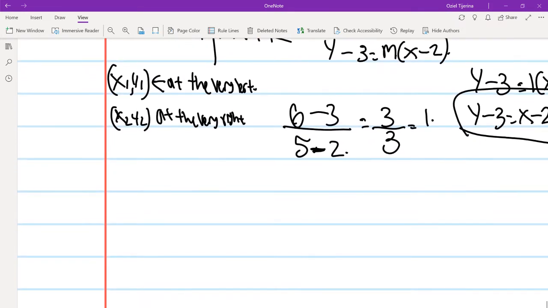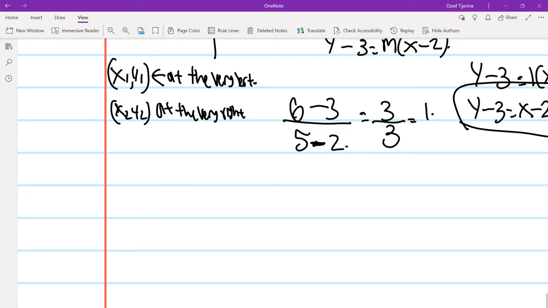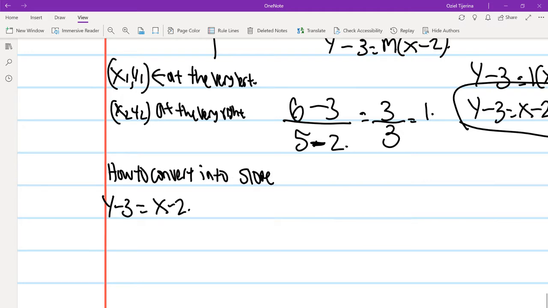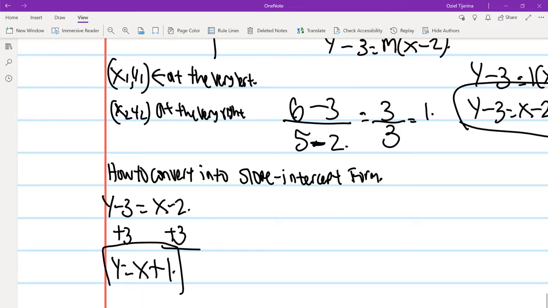Now if you want to write it in slope-intercept form, you would say y minus 3 equals x minus 2, and then you would add 3 on each side, giving you y equals x plus 1. And this would be your slope-intercept form.